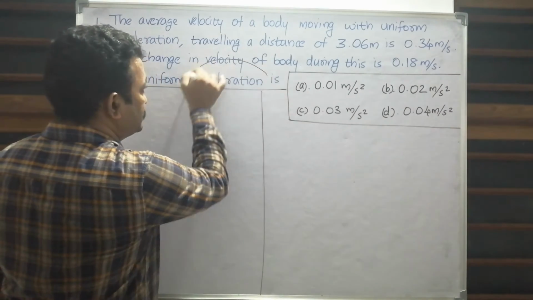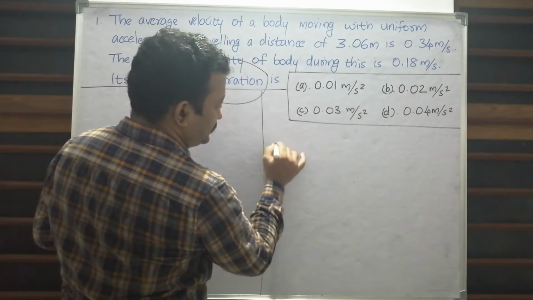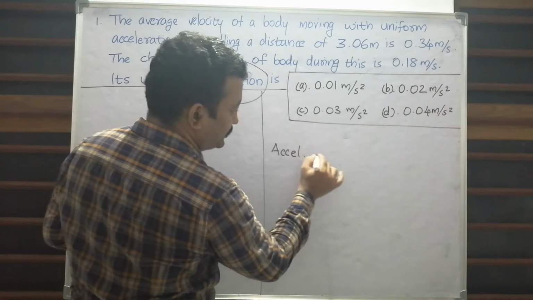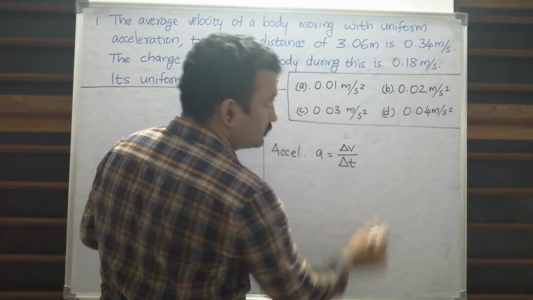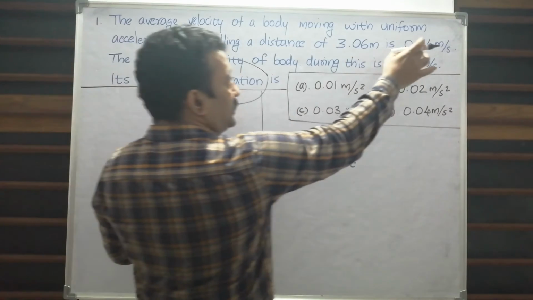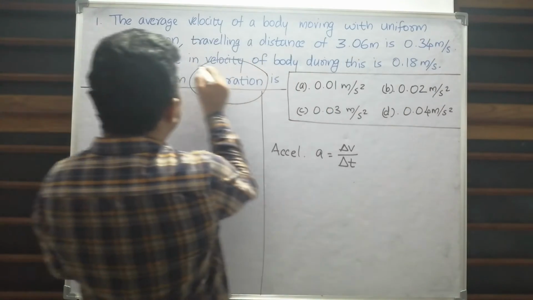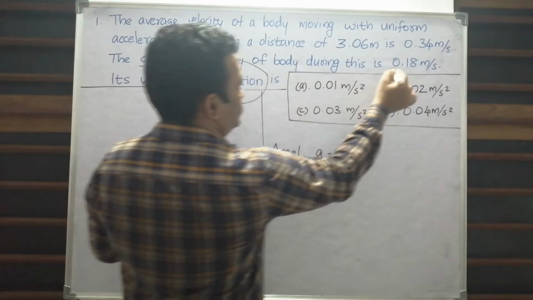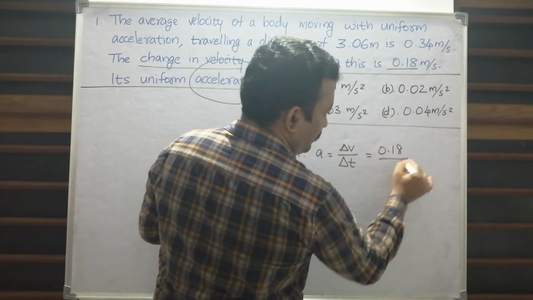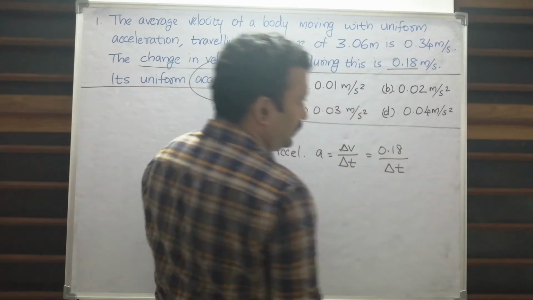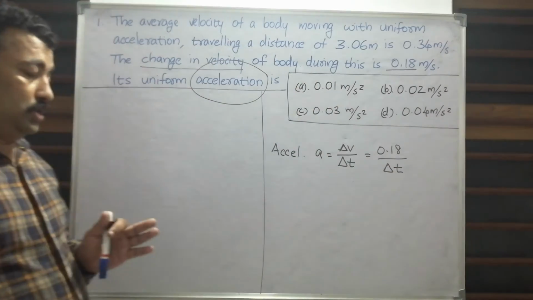Start from the question: what is to be found? Acceleration. We know the acceleration is equal to delta v divided by delta t. Look at the problem: delta v is already given, that is the change in velocity, 0.18, divided by delta t. So delta t is unknown.